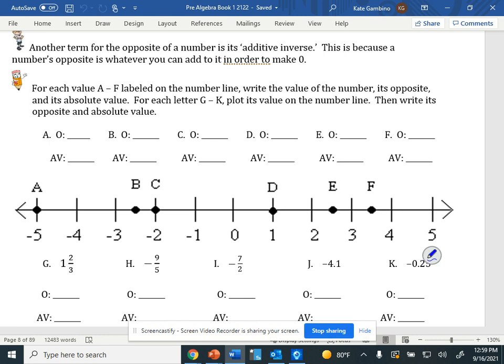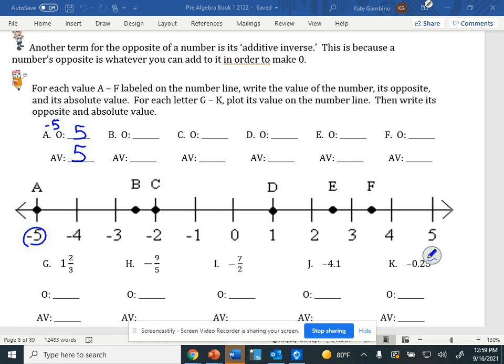The A is at -5. So you're going to write -5. What would its opposite be? Leah? 5. What's its absolute value? 5. Yep. So it's that easy.